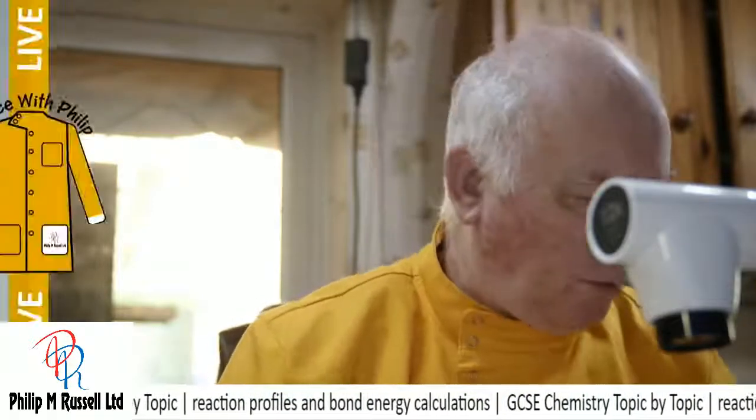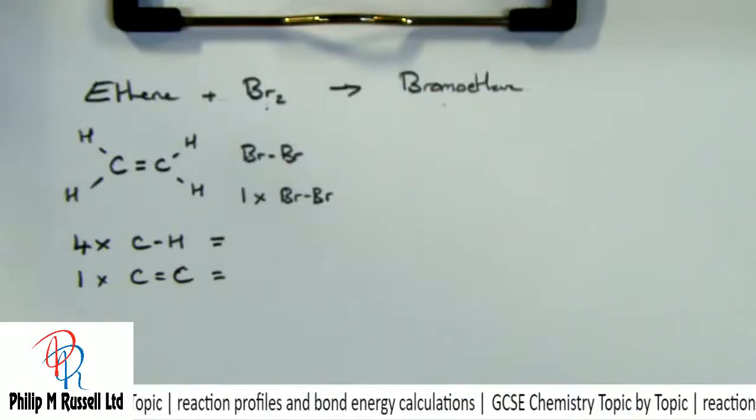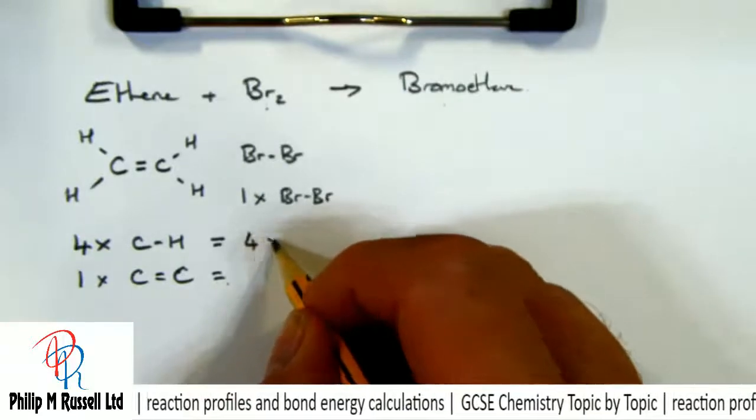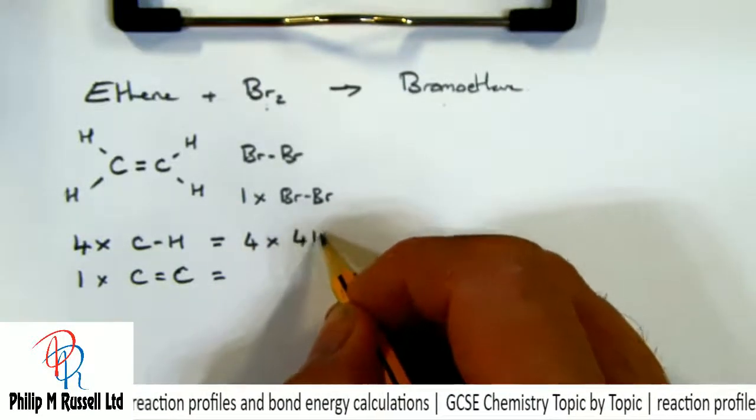Well, they're not that difficult. We've already looked at some of the numbers in this chart and we've got some ideas of what they are. So our carbon-hydrogen bond is 4 times our 413.